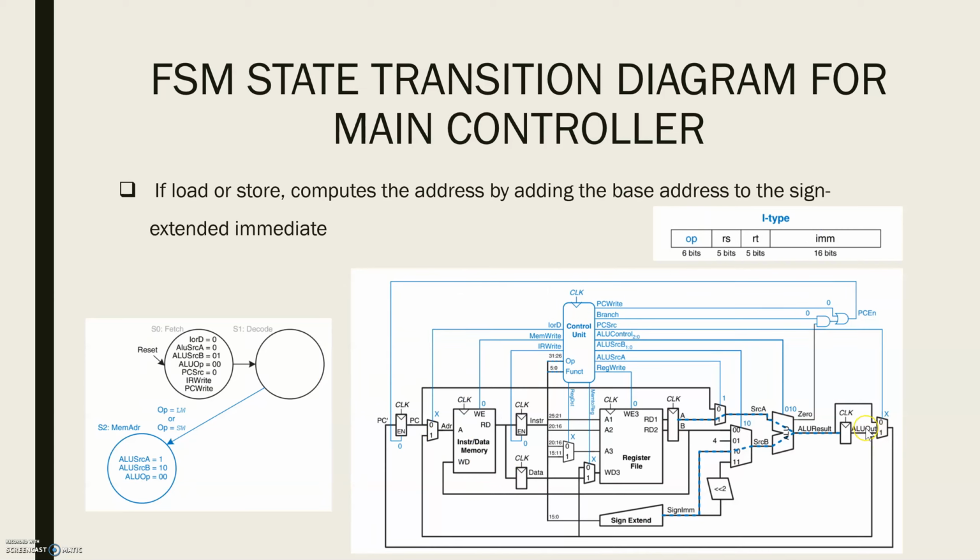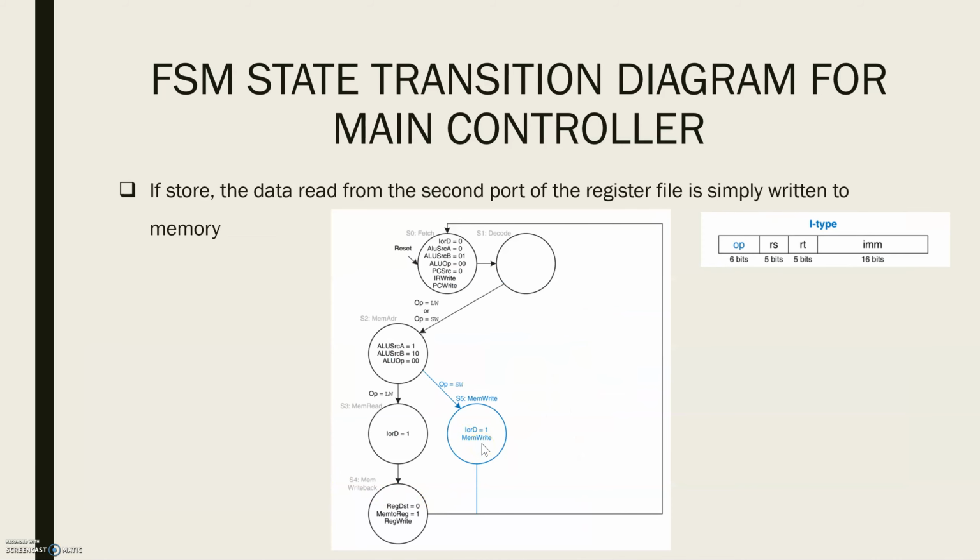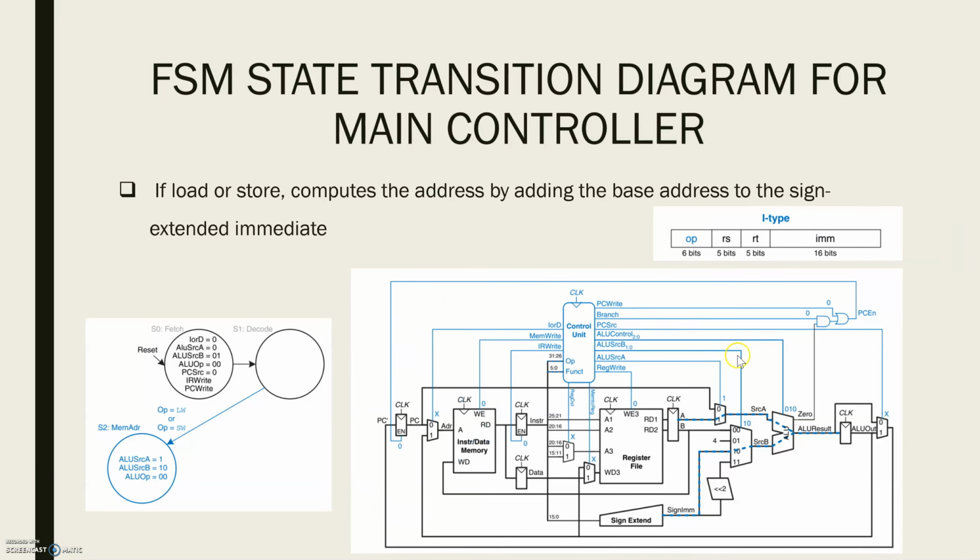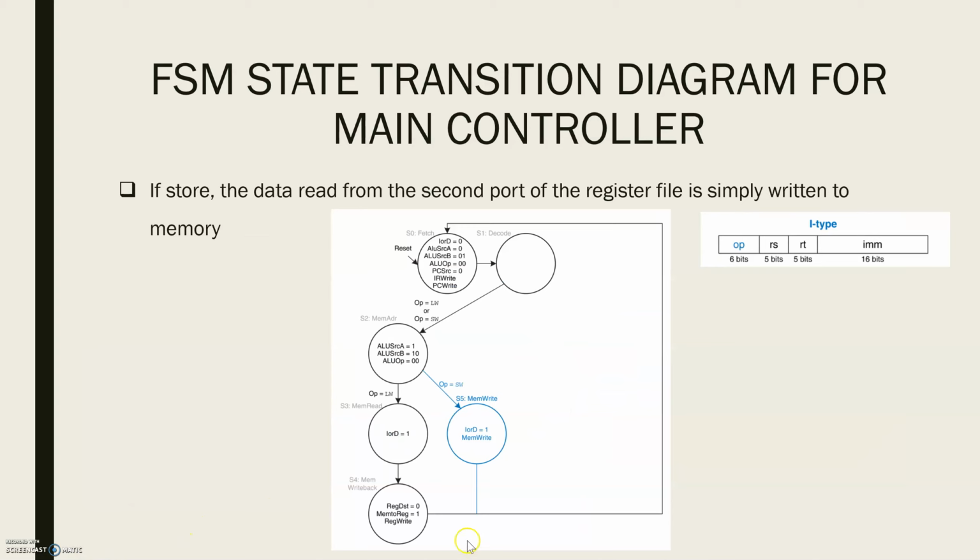And memwrite will be asserted to write the memory. Again, the finite state machine returns to S0 to fetch the next instruction.